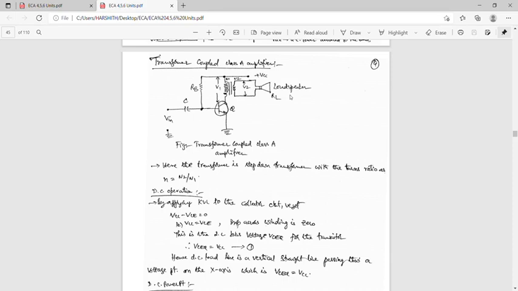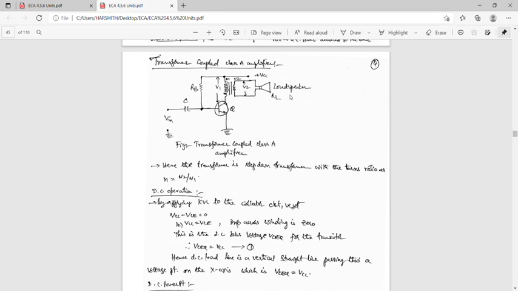For loads, for example a loudspeaker, the load impedance values vary, and impedance matching is difficult using a direct coupled amplifier circuit.